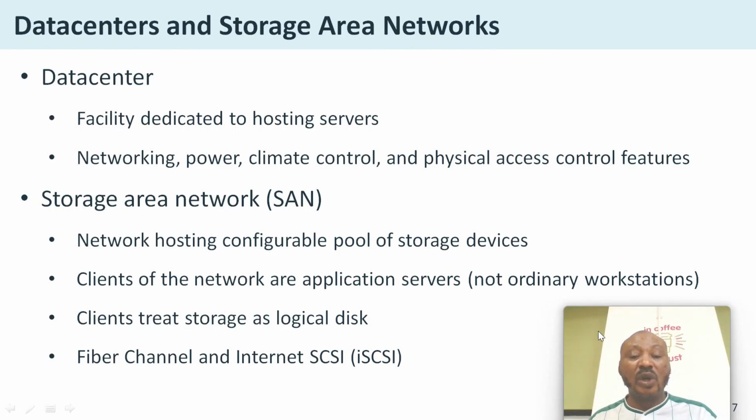When clients and servers are working, they are all connected to the storage device. The storage area acts as if it's stored physically on the machine you're using. You could see a drive, just like your C drive, your hard drive. You will see the drives as if they are part of your physical computer, but they are not physical. They are on the remote storage. So we call that a storage area network.